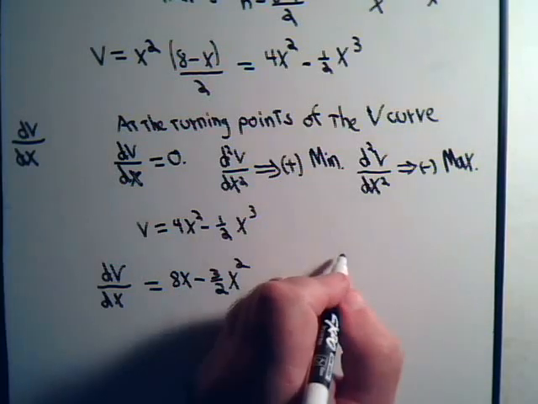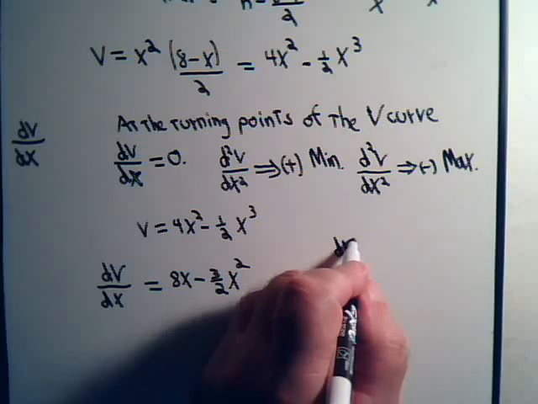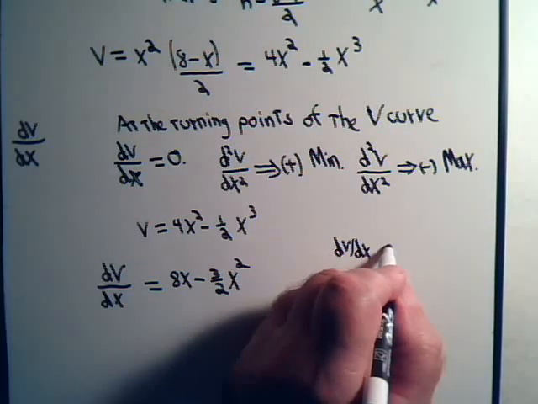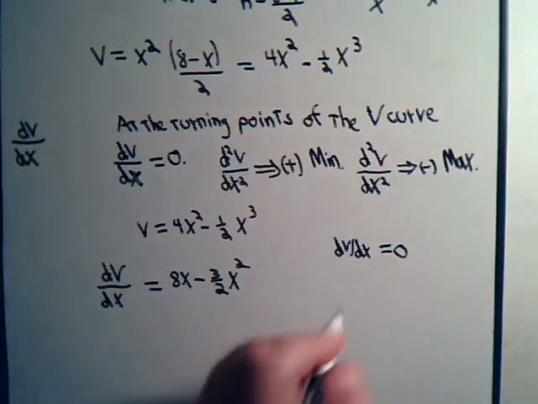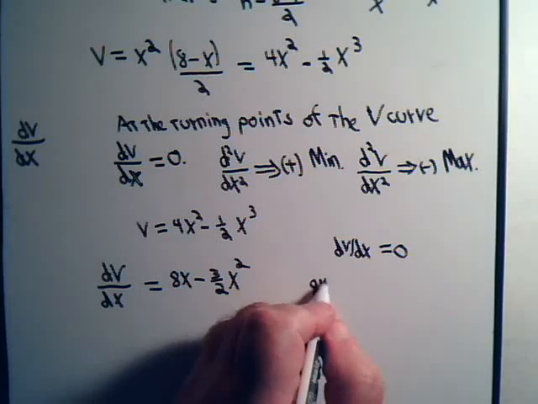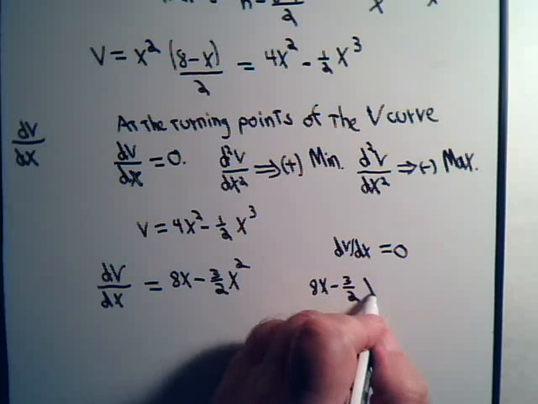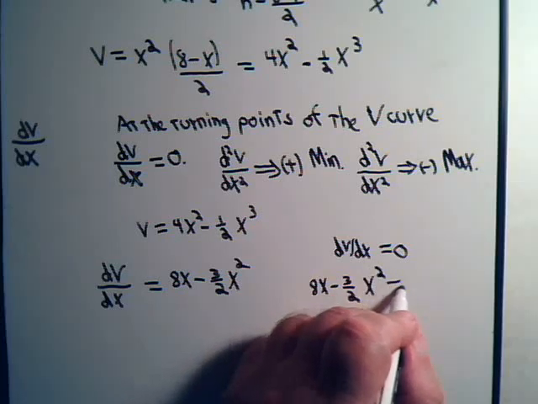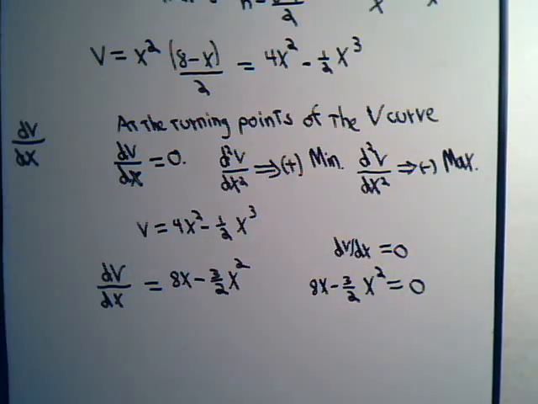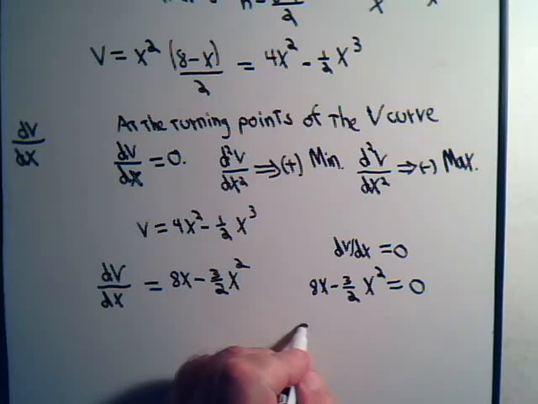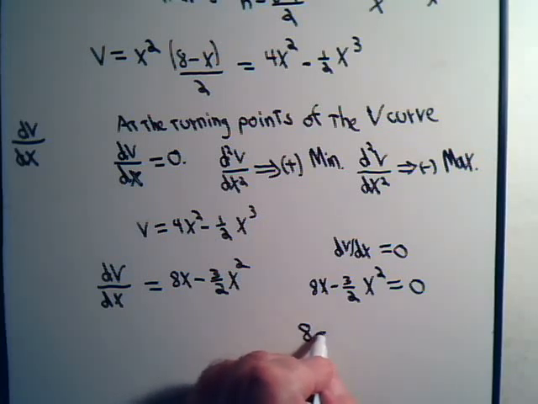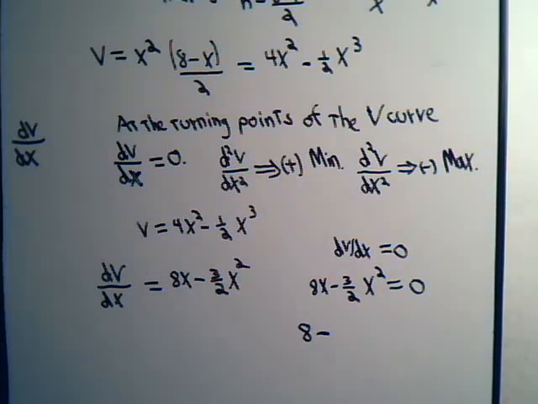And now we want to set dV/dx equal to 0. So we have 8x minus 3/2 times x squared equals 0. And it looks like we can divide by x, so we'll have 8 minus 3/2 x equals 0.